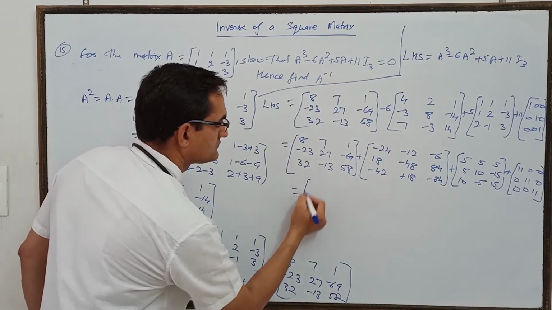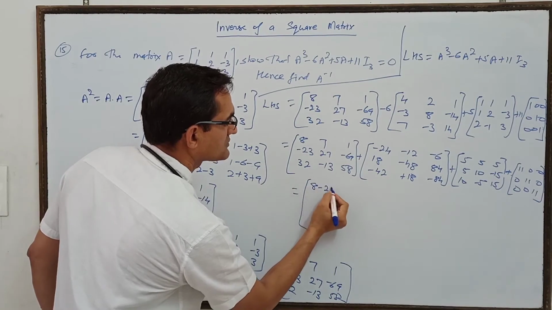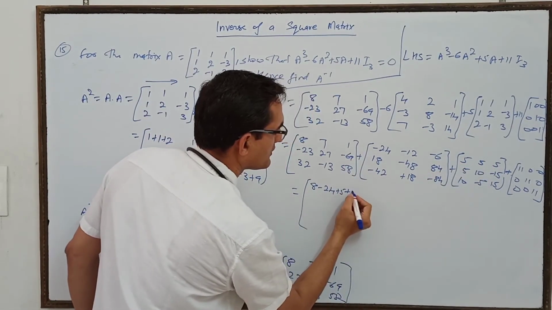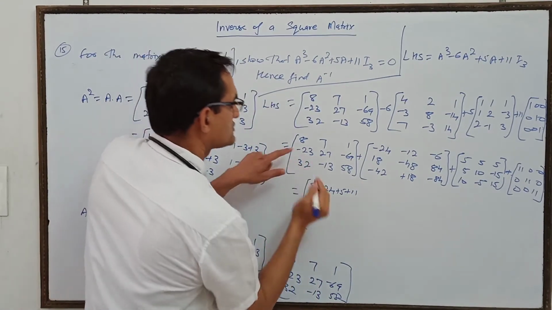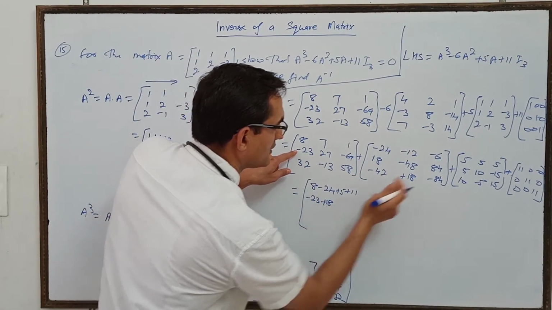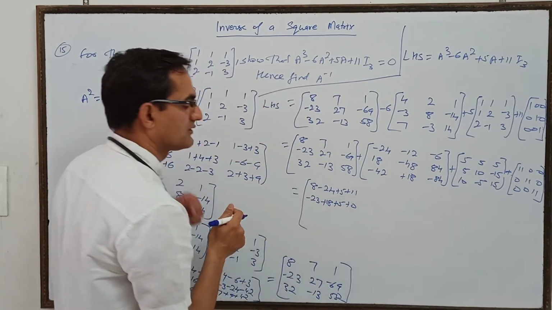So add. This is equal to 8 minus 24 plus 5 and plus 11, and minus 23 plus 18 plus 5 and plus 0. Okay.